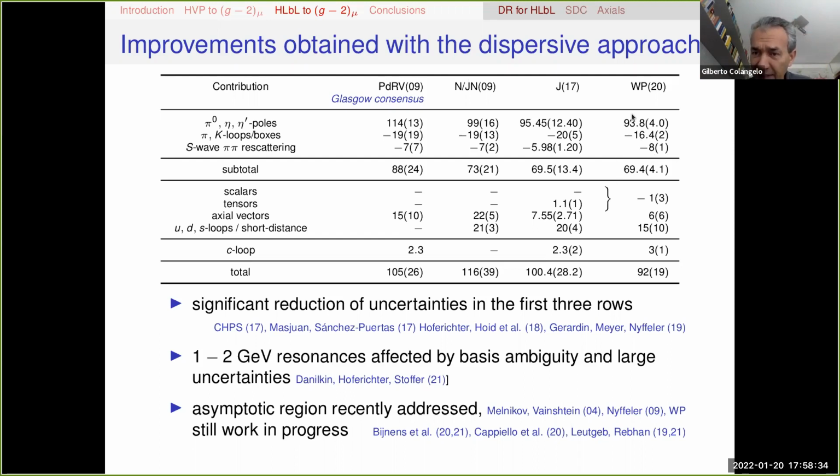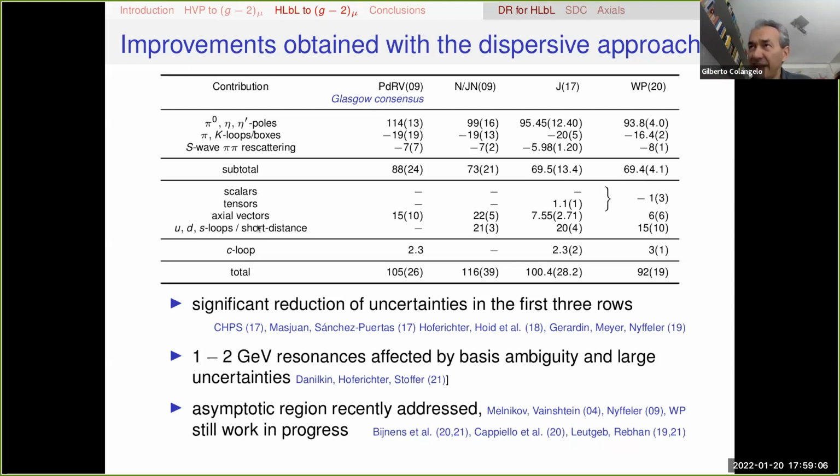So if you combine these largest contributions, you obtain 69 as a result, but in particular, you obtain a very significant reduction of the uncertainty with respect to earlier analyses. And here is where you see the power of this dispersive approach. These other contributions, which are somewhat higher in energy, have less weight in the total, and so they contribute less.